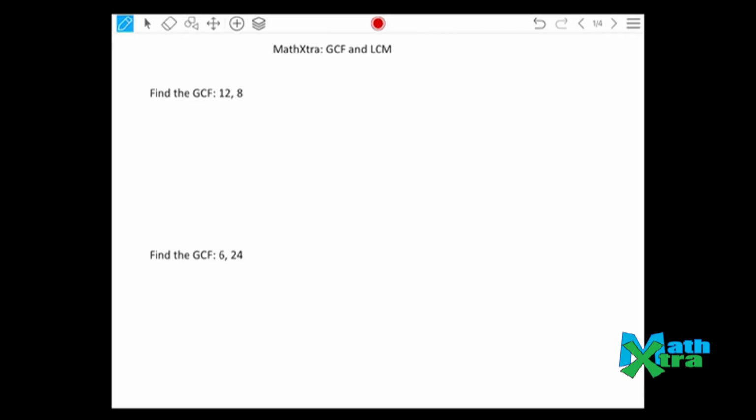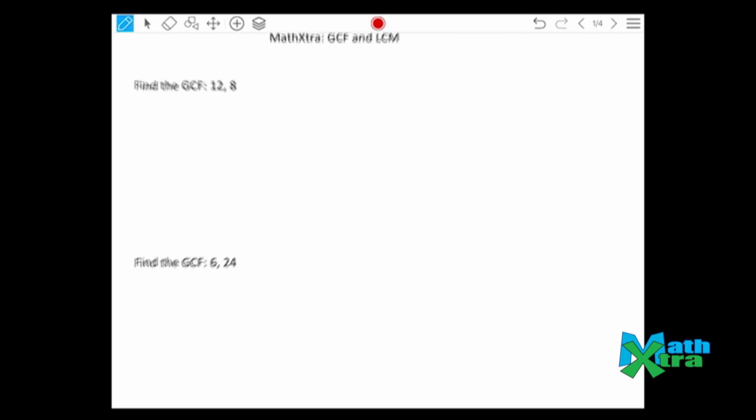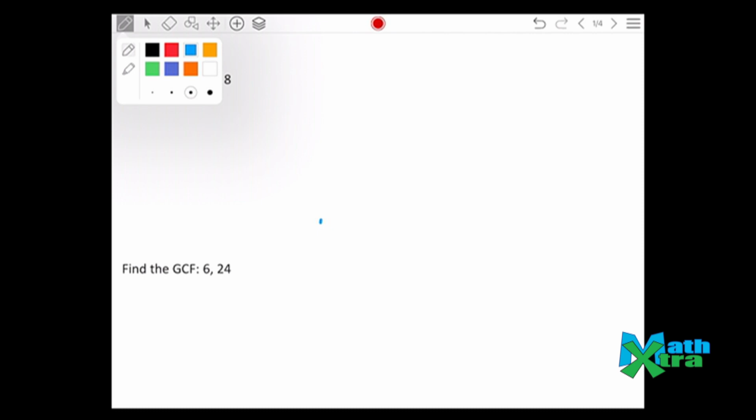So let's look at this one. Find the GCF of 12 and 8. Remember, we are finding the factors that evenly go into 12 and 8. Remember, we want to stay nice and neat.